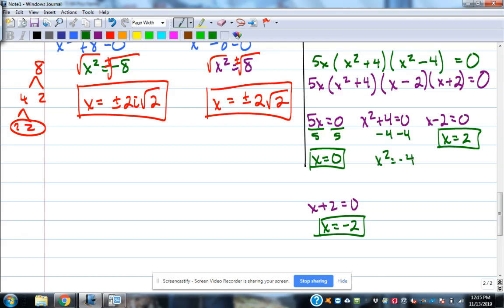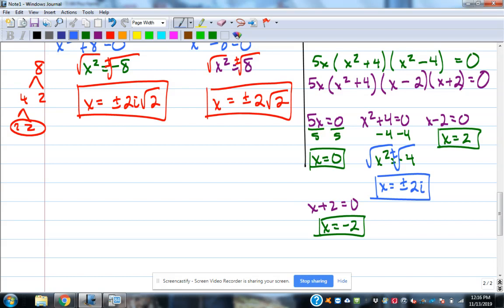X squared equals negative 4, and then we take the square roots. Square root of a negative will be plus or minus 2i. How many times does this one cross the x-axis? 3 times. How many solutions do we have? 5. We got 0, positive 2, negative 2, positive 2i, negative 2i.